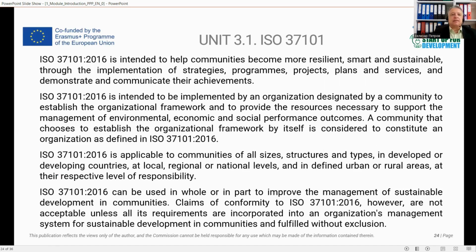This standard is intended to help communities become more resilient, smart, and sustainable through the implementation of strategies, programs, projects, plans, and services, and demonstrate and communicate their achievements.